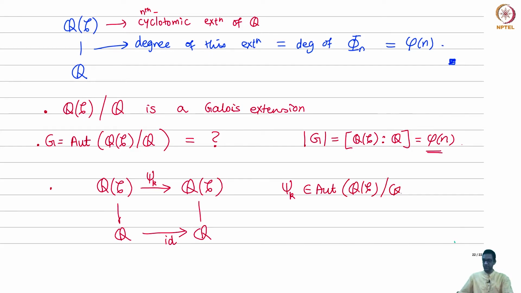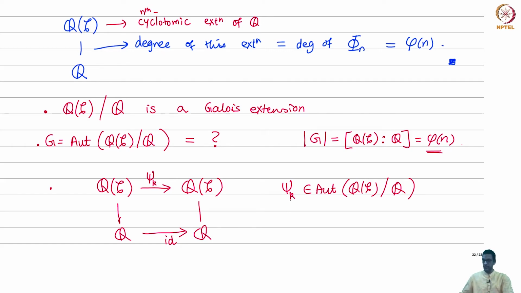Any field automorphism is automatically the identity on Q because it maps 1 to 1, therefore it maps 2 to 2, 3 to 3 and so on, and one can also show it maps p/q to p/q.